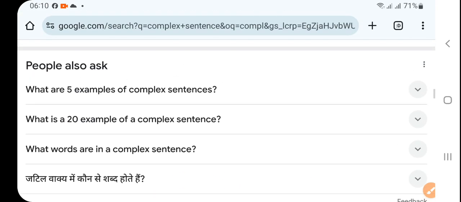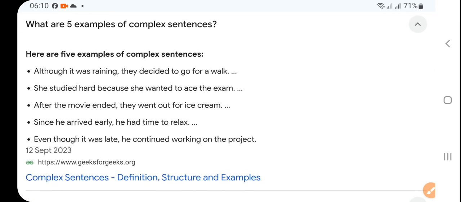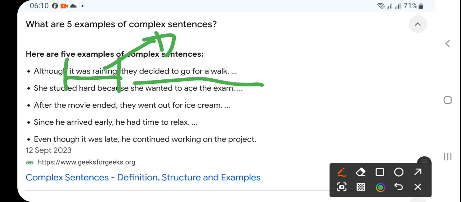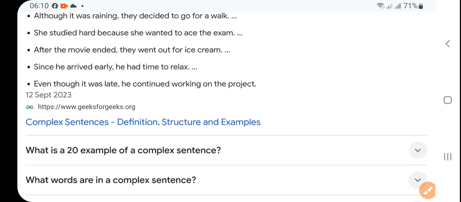Now let us see some examples of complex sentences. So this is: Although it was raining, they decided to go for a walk, right? So although is the conjunction, it was raining is the dependent clause, and the independent clause is they decided to go for a walk, right? Now next is: She studied hard because she wanted to pass the exam, right?